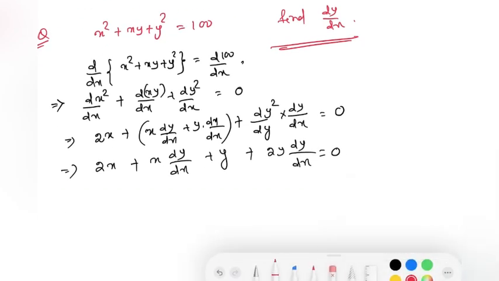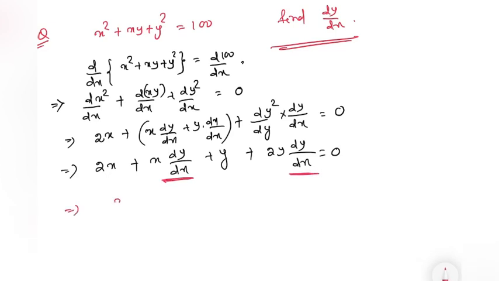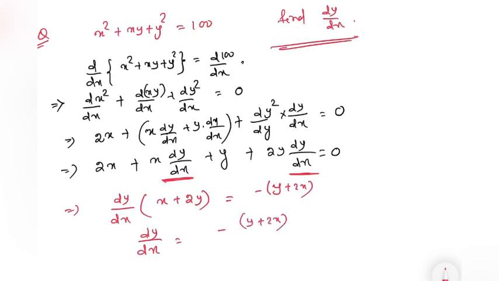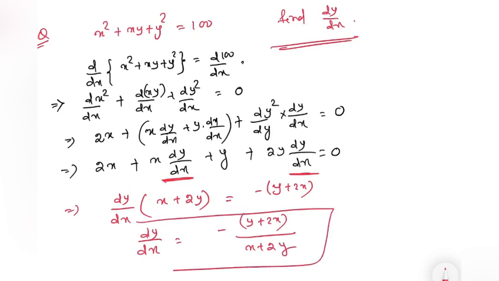Here in this expression, in two places you have dy by dx. You can take common from these terms. You have x plus 2y, and the remaining terms take to the right hand side: minus of y plus 2x. Then dy by dx is equal to minus y plus 2x upon x plus 2y. This is your required result.